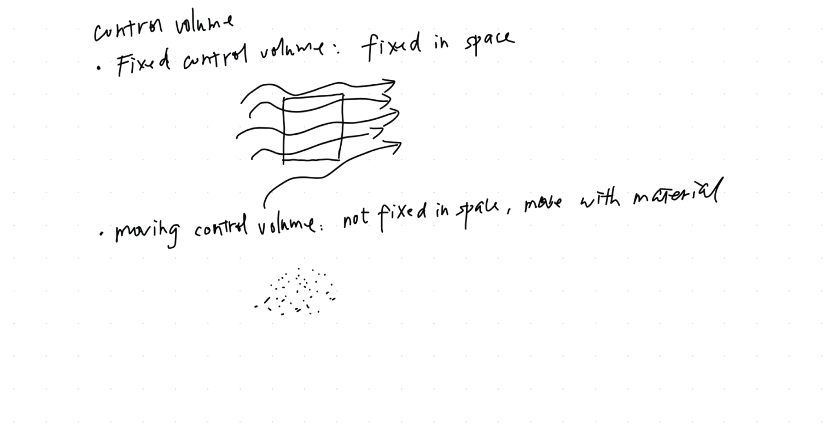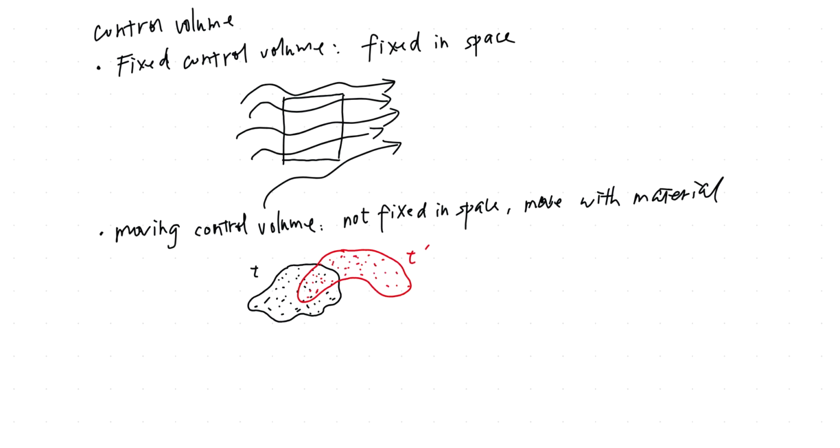At one time, this is the control volume because it includes the particles. This is at time t. And at a later time point, the control volume moves to a new space, and you draw a new control volume. It's the same set of materials, but the arrangement of material changes with space. We change the shape of the control volume. That's called the moving control volume.